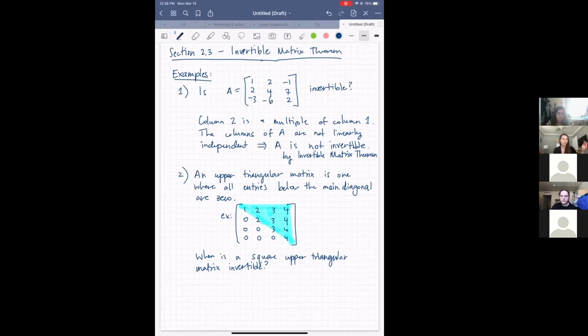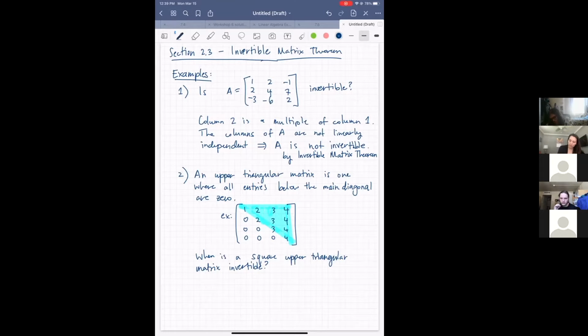So which of the different conditions should we use? Could you use the fact that it has n pivot positions? Yeah, so that would be one way of looking at it.